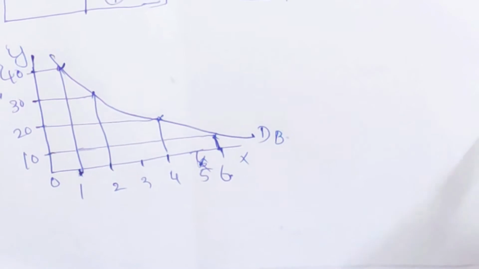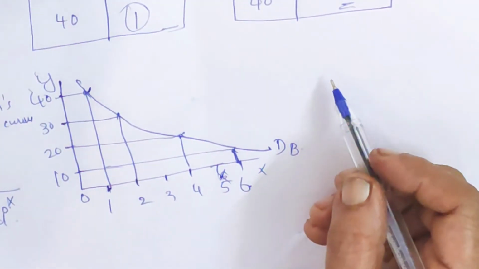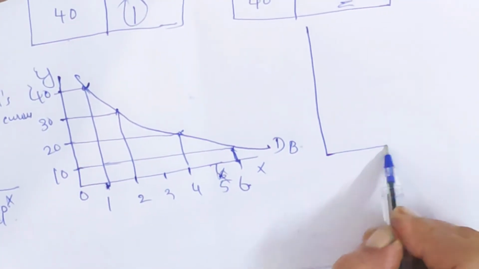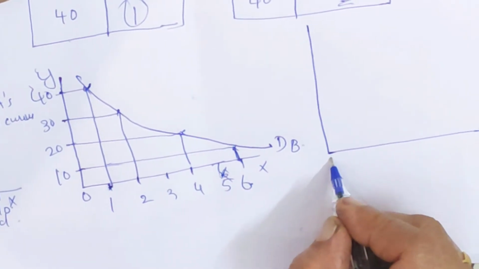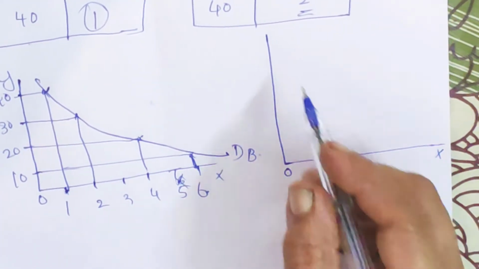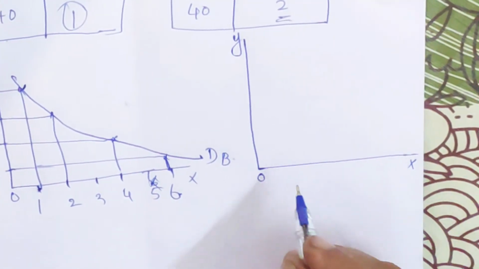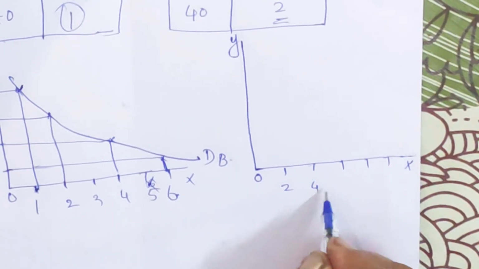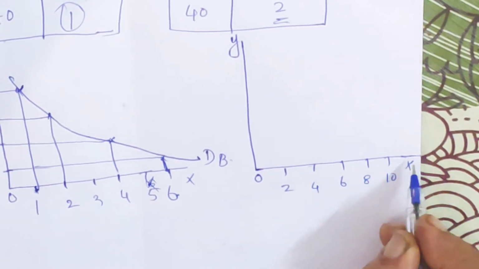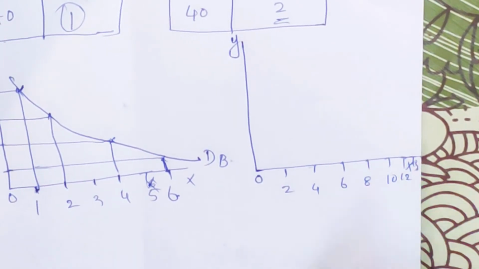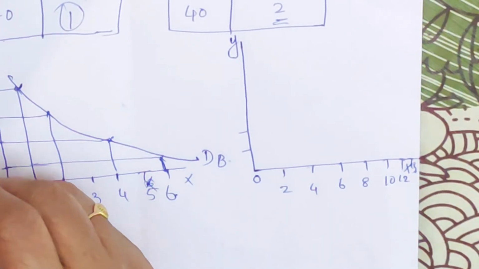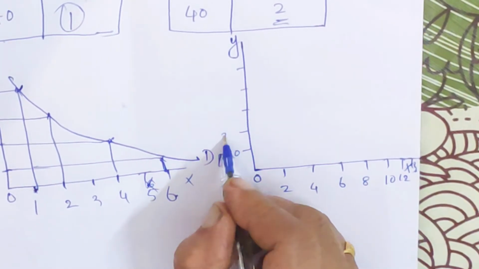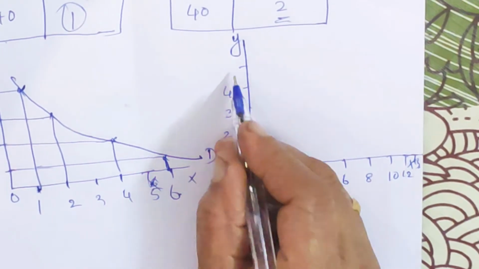Then next we can draw the market demand curve. When we plot the points in the market demand schedule, we get the market demand curve. Price 10, 20, 30, 40, 50.